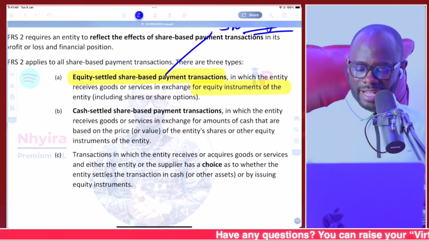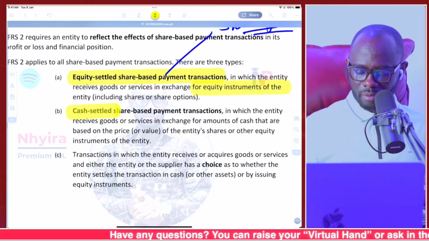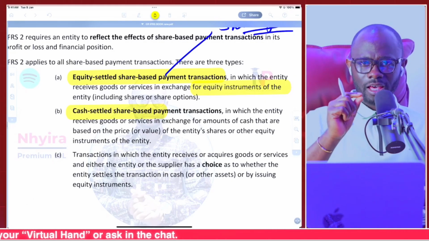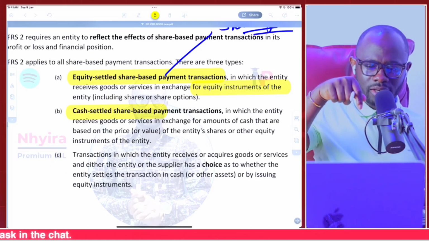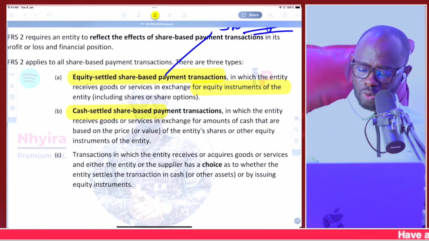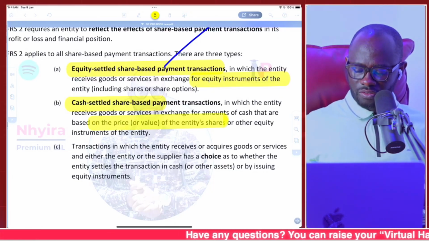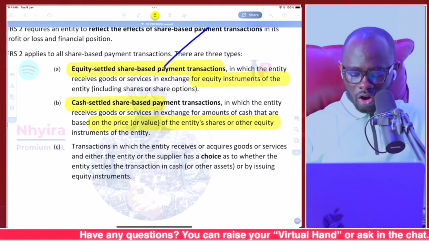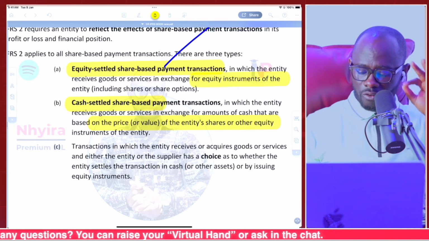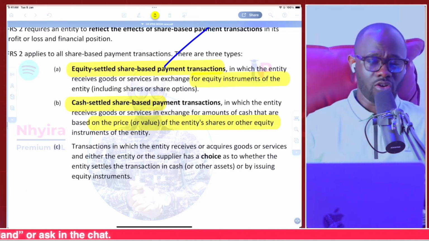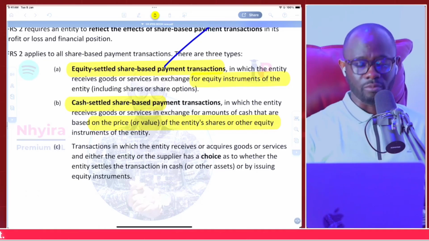2, cash settled share-based payment. So here, we will give you cash, but the money to be given to you will be dependent on the value of the shares of the entity. So based on the price or value of the entity's shares or other equity instrument.